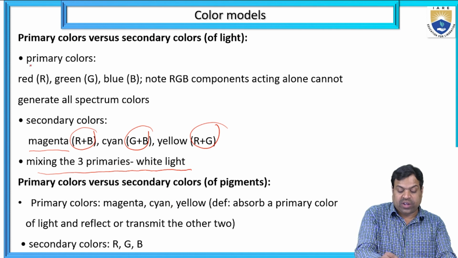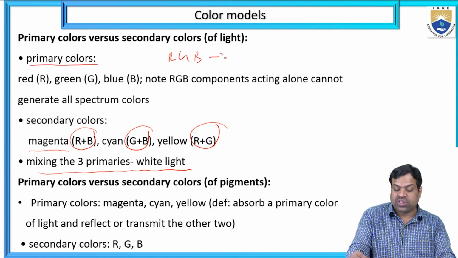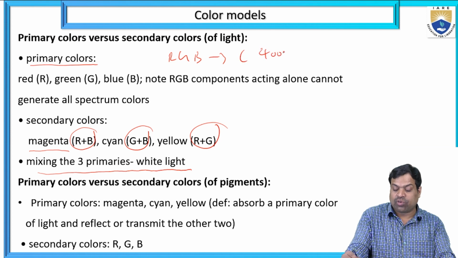Primary colors are basically red, green, blue, RGB, in the range from 400 nanometers to 700 nanometers.